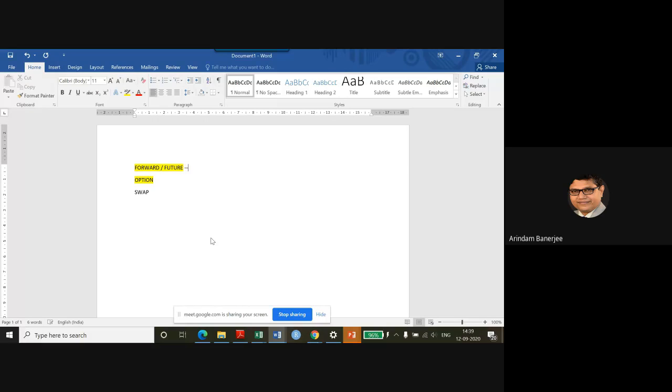For example, suppose I entered into a contract to buy ITC shares. So I entered into a contract today, and today is 12/09/2020.